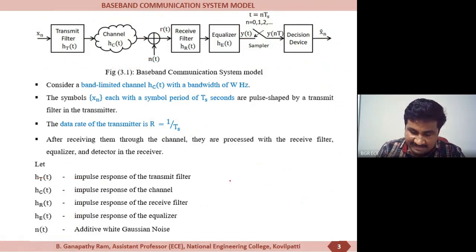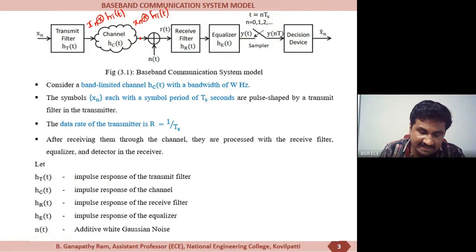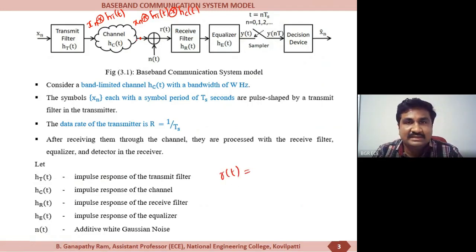Now, R of t can be written as, so the output of the transmitter filter can be written as xn convolution of ht of t, and at the output of the channel we can consider it as xn convolution of ht of t convolution of hc of t. So R of t is nothing but the addition of the output of the channel and the additive white Gaussian noise.